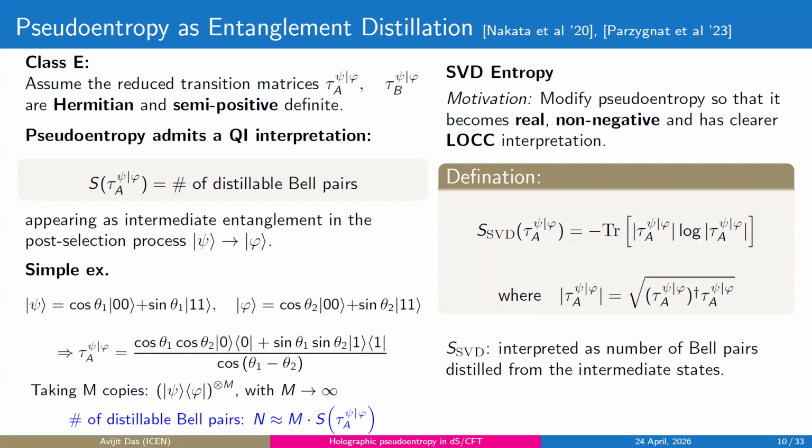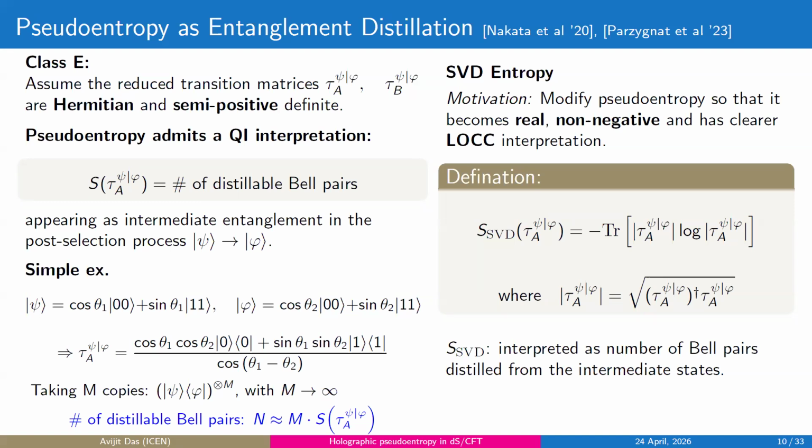Only for a particular class, what we are calling class E, where the transition matrices are Hermitian and semi-positive definite. For those cases, the pseudoentropy is equal to the number of distillable Bell pairs between A and B. So for those transition matrices, the quantum information LOCC interpretation still holds, that you can recover the number of distillable Bell pairs.